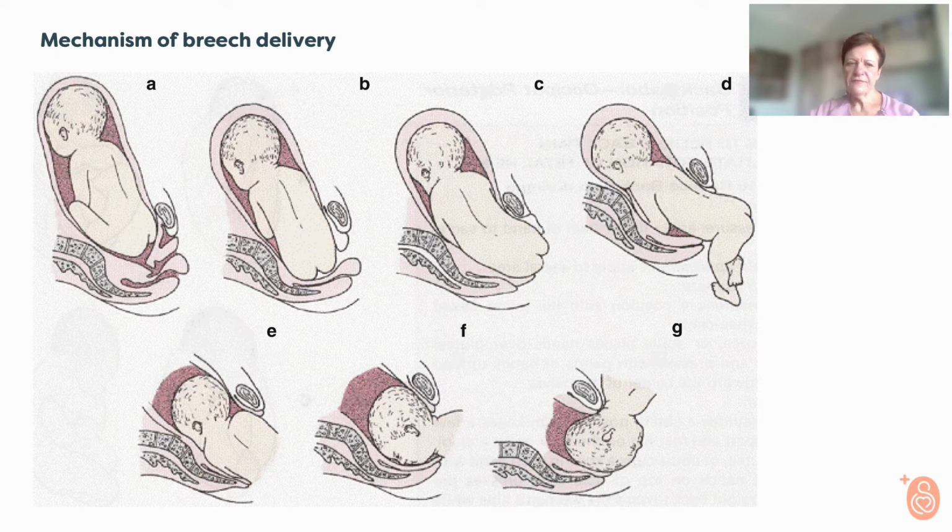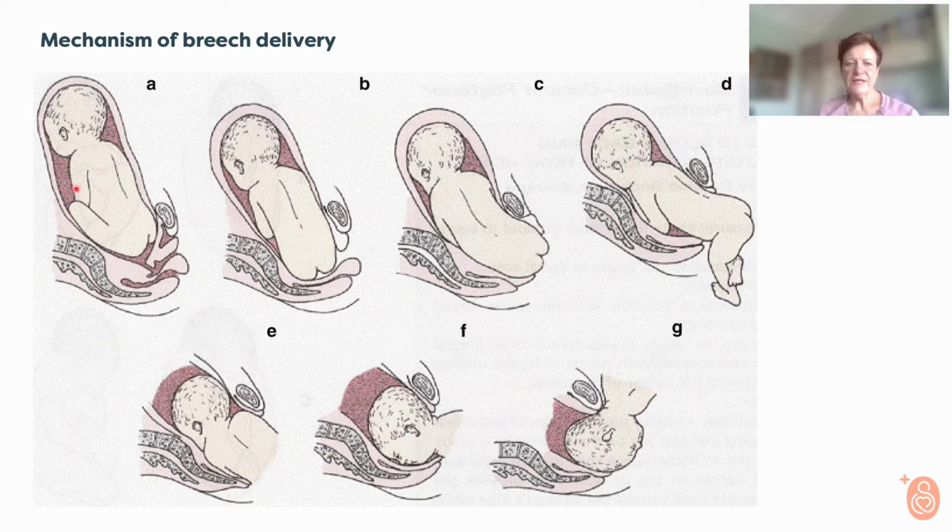In a vertex or cephalic presentation, you will remember that the head goes into the pelvis in an oblique diameter of the sagittal suture, and then there is internal rotation of the head so that it becomes in the AP diameter, then there's more flexion, etc. I hope that you can still remember that. There's also a mechanism of a breech delivery, how the breech moves through the pelvis. I'm not going to go into too much depth and detail about it. There are just some things that you need to remember.